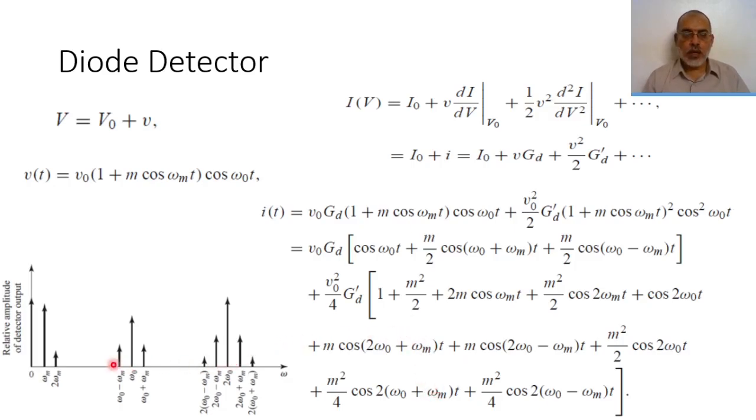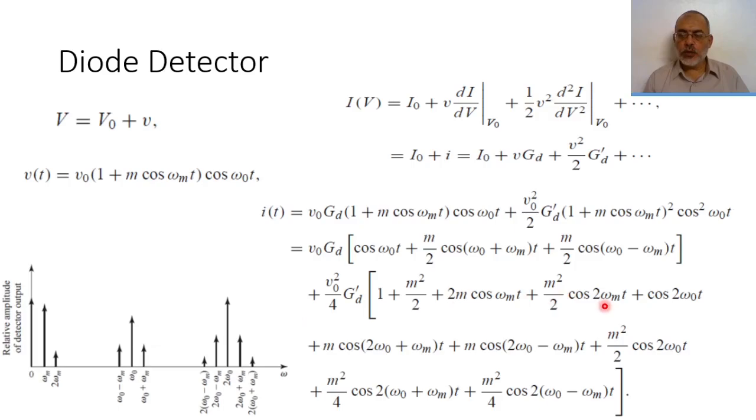By taking these components together, we can represent the spectrum of the small signal current as follows. We have a DC component coming from this part, which has already been used as a rectifier. We have a component proportional to the modulation frequency omega_m.